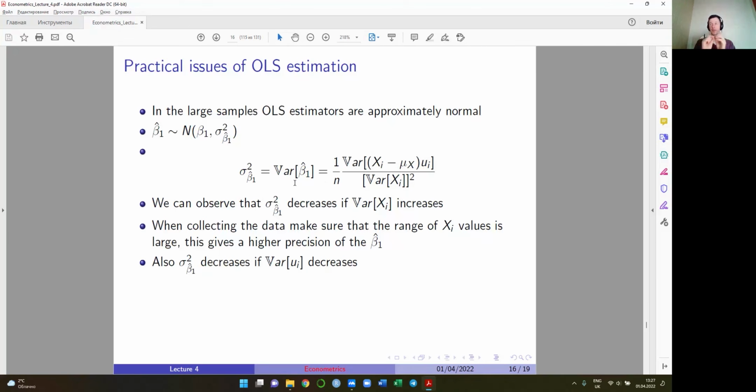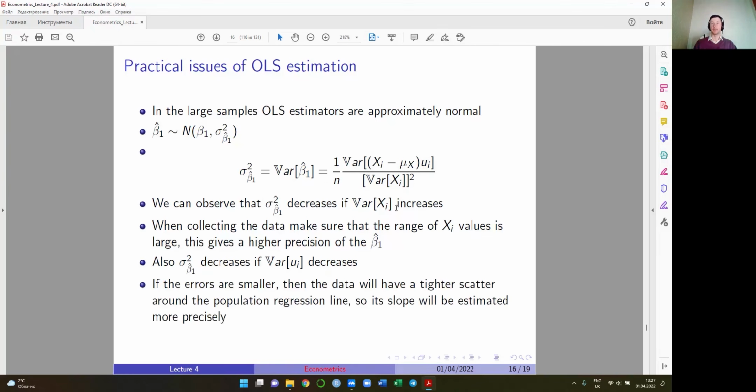So we want to have a tighter scatter plot around the population regression line. If you remember the scatter plot, if it looks like a circle, it means that the variance of u is large.